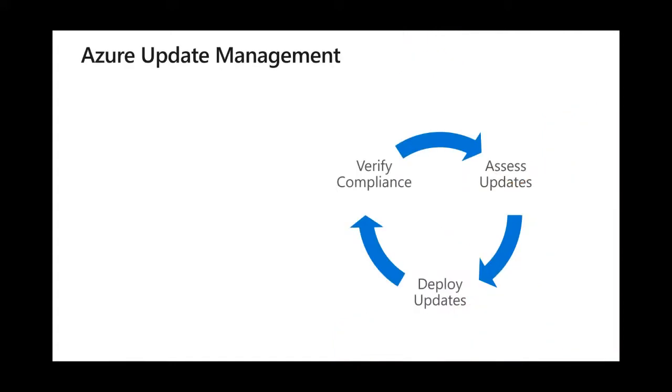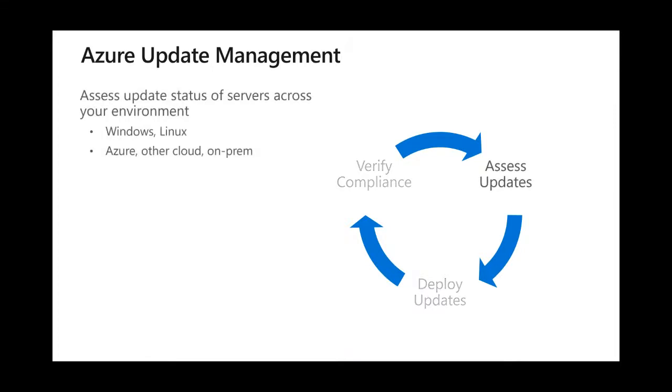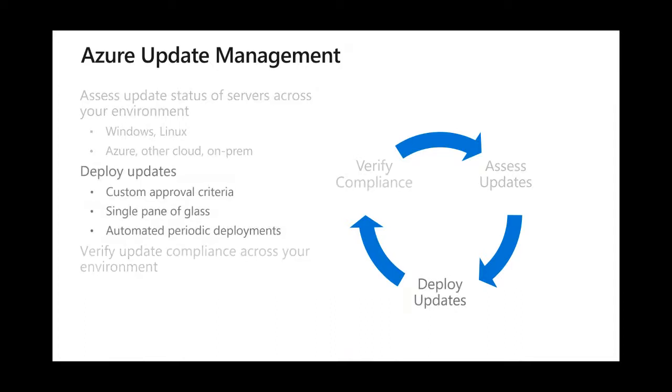What this is all about is that with update management, you will be able to check the update status of your servers. You will be able to see whether my VMs are up to date in terms of updates and patching. It doesn't matter if we are talking about VMs on Azure, other clouds, or on-premise. So you can use update management for VMs from wherever.